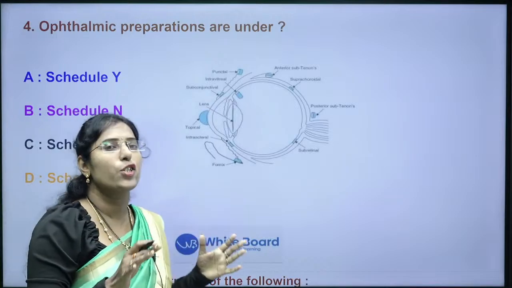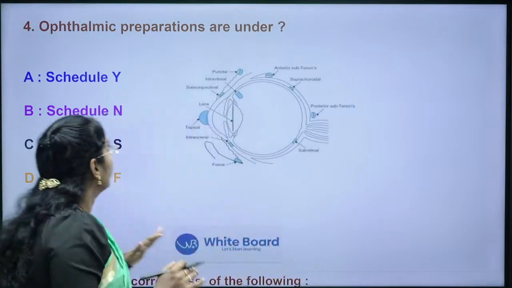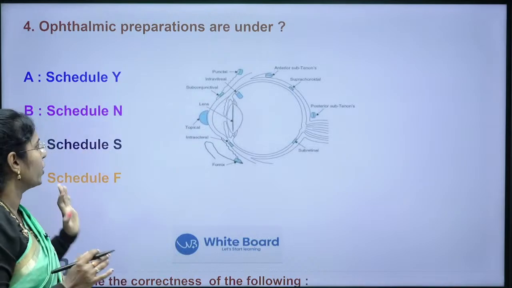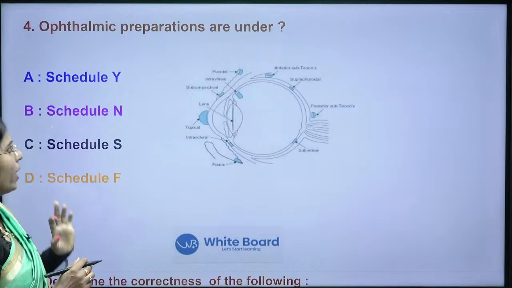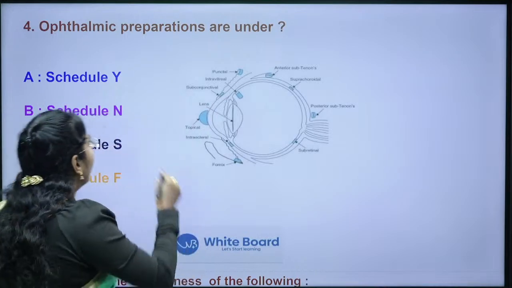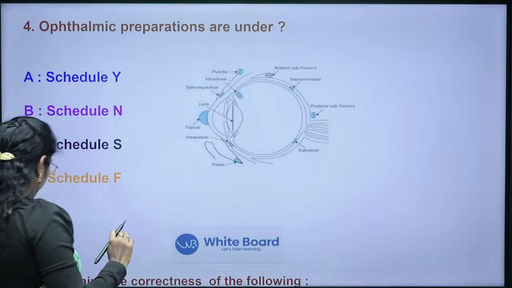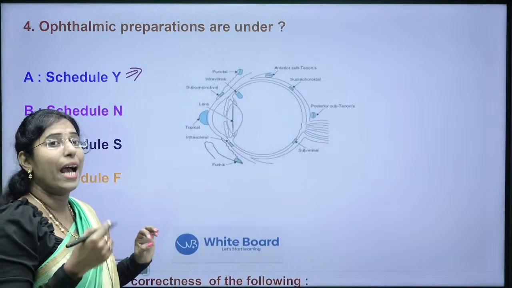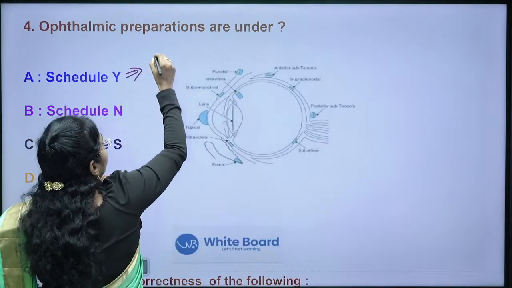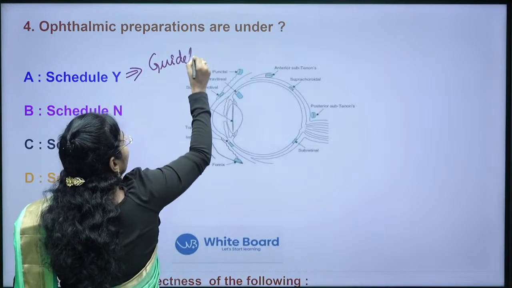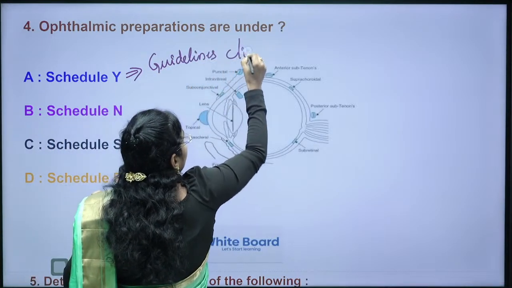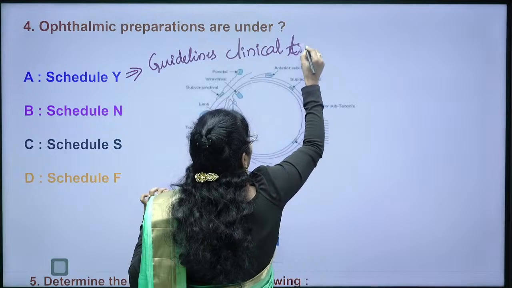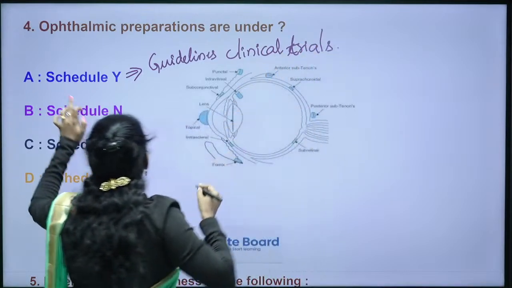There are many schedules like A to Z. Here they have given options: schedule Y, schedule N, schedule S and schedule F. Generally schedule Y consists of standards and regulations or guidelines for clinical trials of a new drug. Just remember Y, schedule Y.